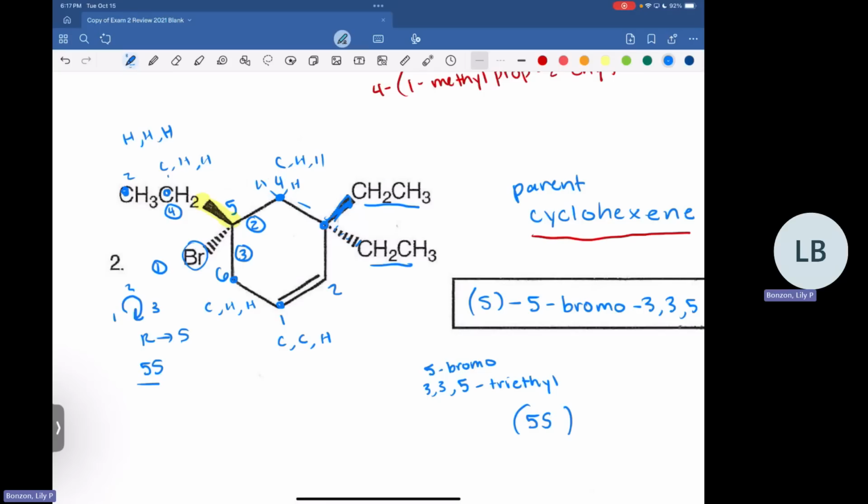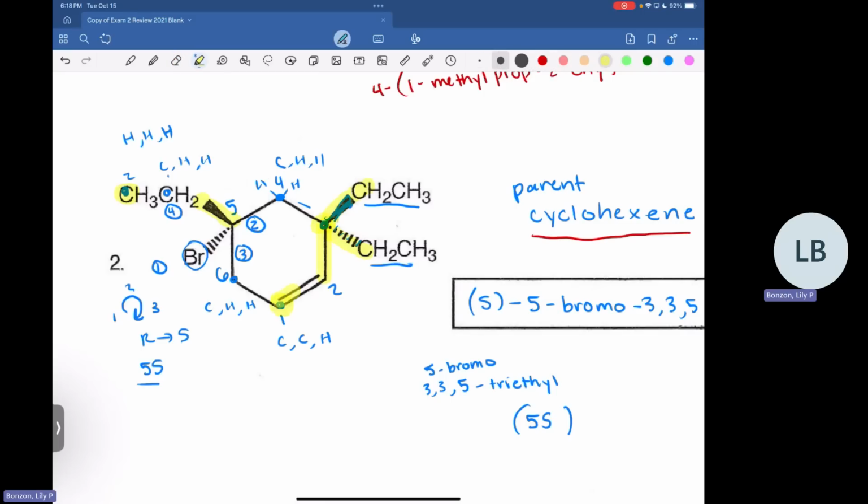So then from there, you just keep branching out until you find the first point of difference. And then for this example specifically, our first point of difference was here, here, and here. So the top right group got the higher priority because it was bonded to carbon, carbon, carbon, and carbon.